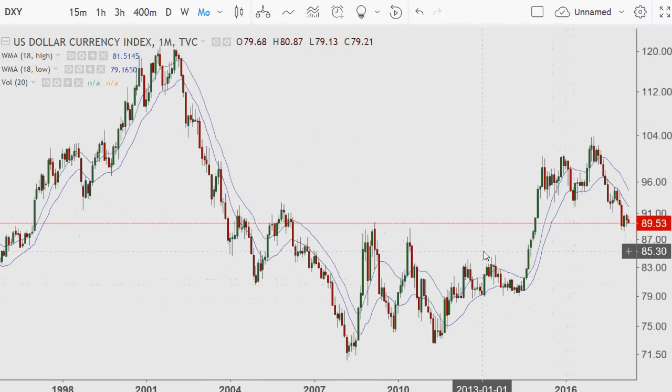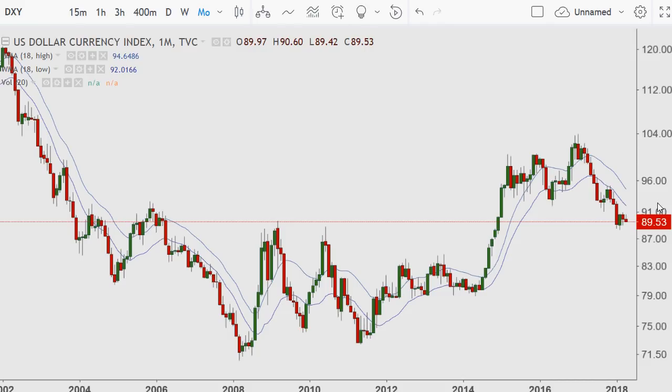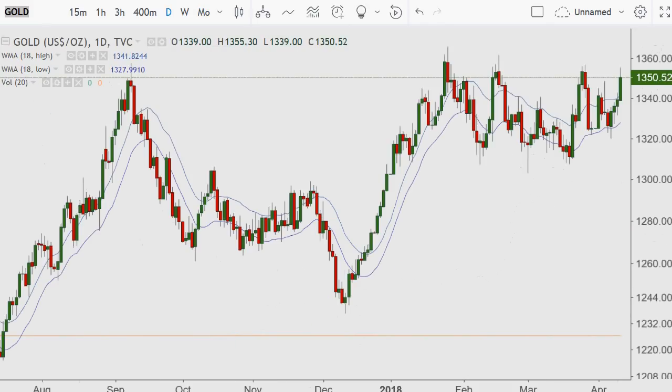And I have no idea if it tests these longer term support levels near 70 or breaking below 80 what would happen, but we'll see, because this is just fiat currencies versus other fiat currencies, so it's kind of interesting on that degree. So let's move over to gold.